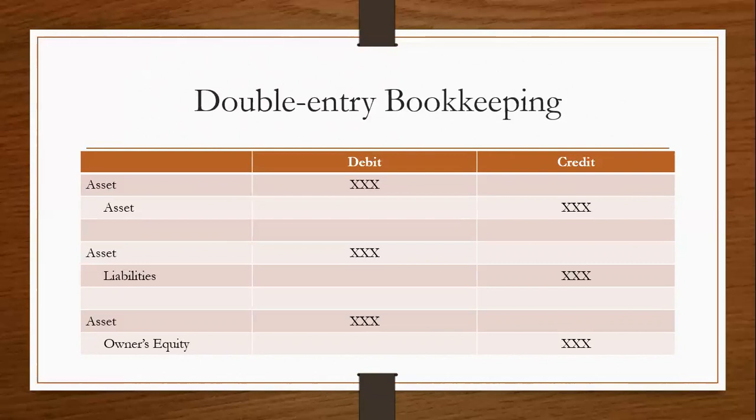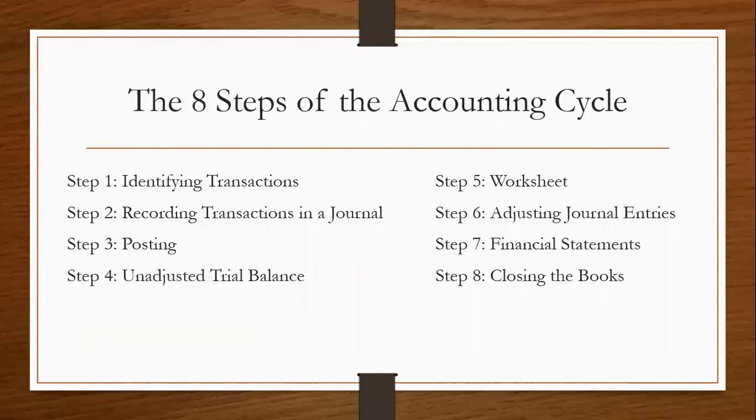Once you borrow money from a bank, there's an increase in asset because you receive money from the bank, and there's an increase in liability because there's a liability arising from that transaction. And the next one is asset debit and owner's equity credit. Once the owner invests in the company, there's an increase in assets as well as an increase in owner's equity.